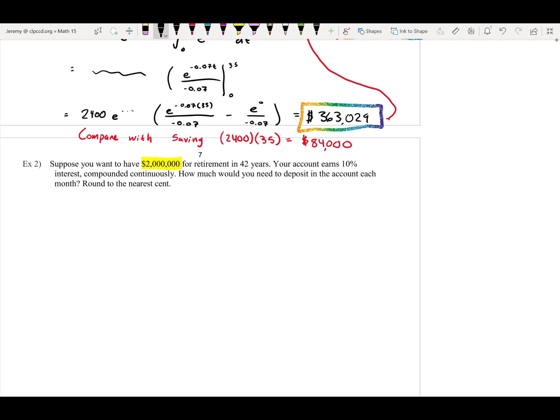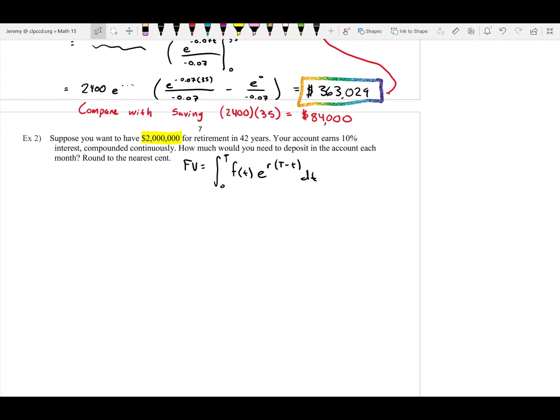So we're going to use the same formula here. Future value is equal to the integral from 0 to capital T of f of t, e to the r times capital T minus t dt. All right, and for this one, what do we know? We know that the future value is equal to 2 million. Our term, capital T, is 42 years.